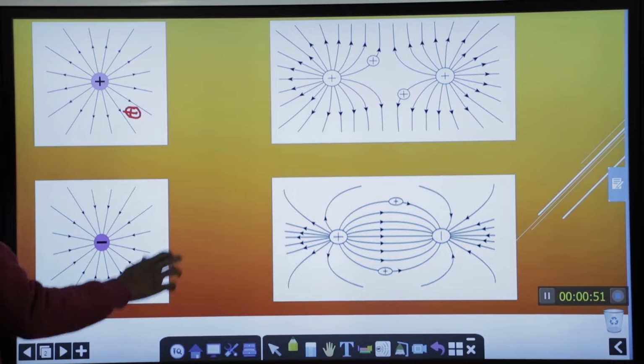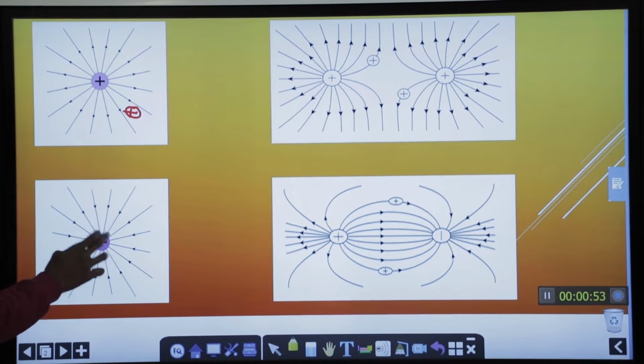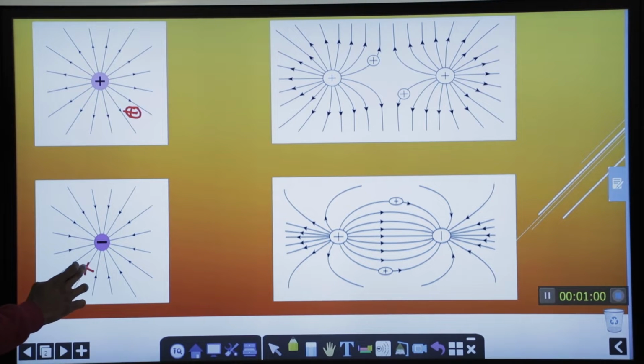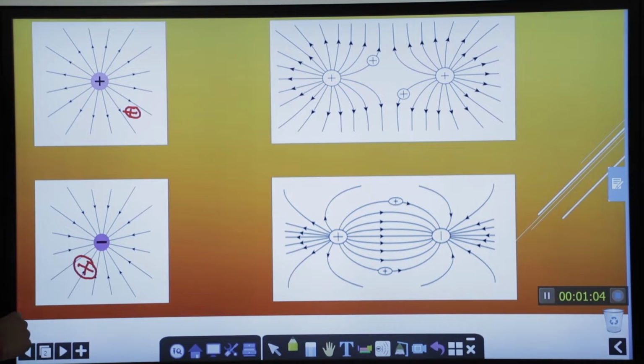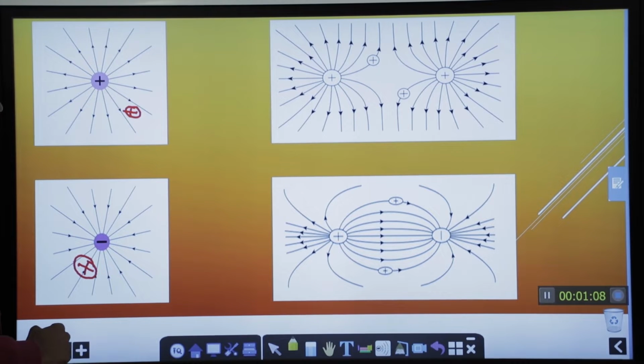Here is an electric field around a negative charge, and it's showing you the direction that the positive test charge would go if placed within the electric field. Alright?